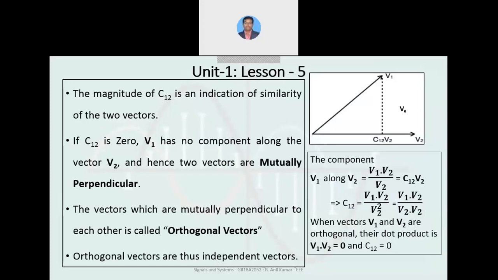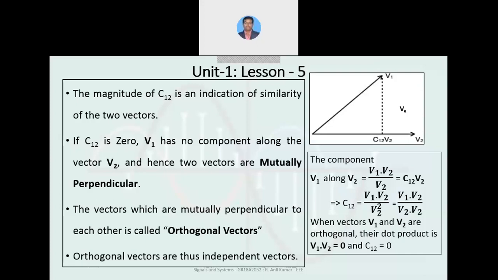Here we are expressing that the magnitude of c12 is an indication of the similarity of the two vectors. If c12 is 0, v1 has no component along the vector v2. Means at what condition will there be no component along v2 when c12 is 0? v1 and v2 will be making a perfect 90 degrees.